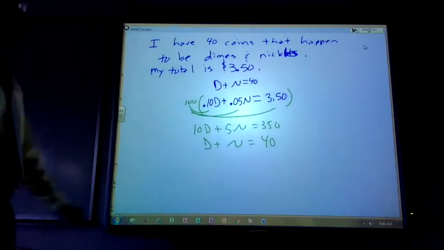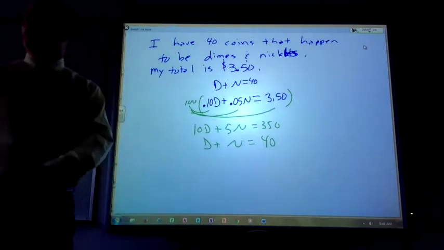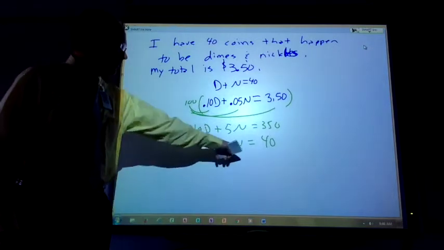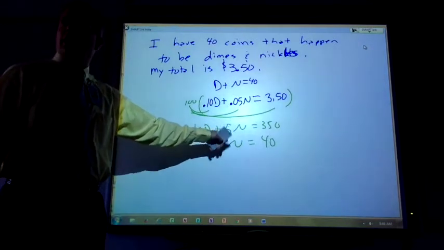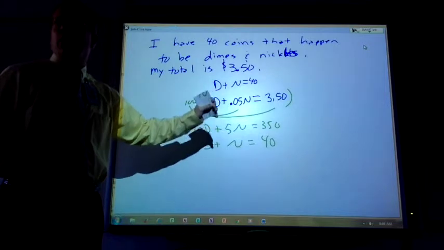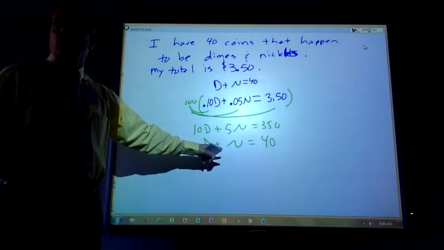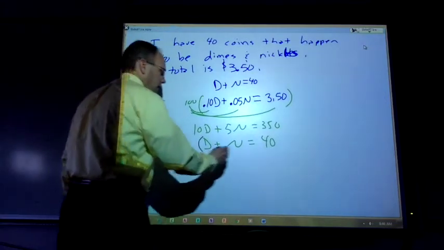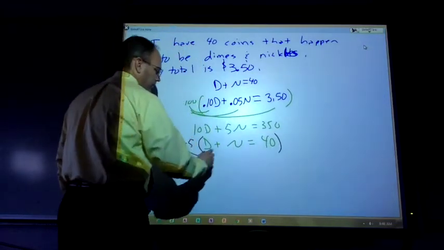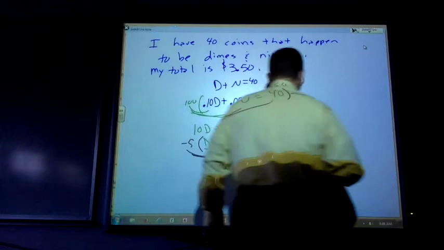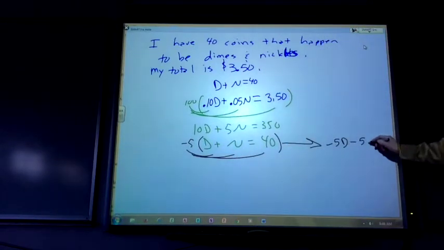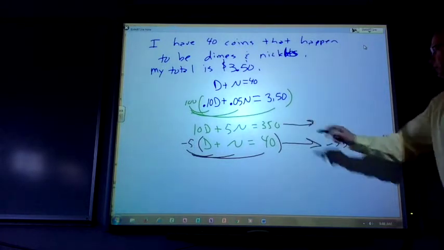If I multiply this whole thing by 5, add those together, I get 10n. But I want it to be 0n. So what's the opposite of positive 5? Negative 5. So if I multiply everything here by negative 5, I get negative 5d minus 5n equals negative 200. And then this one just comes along for the ride.